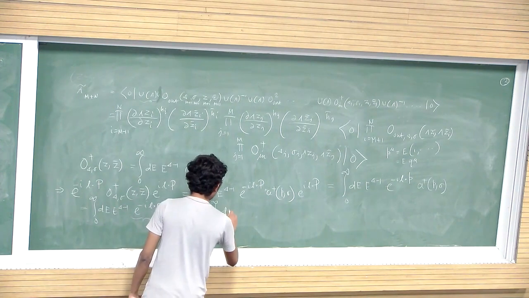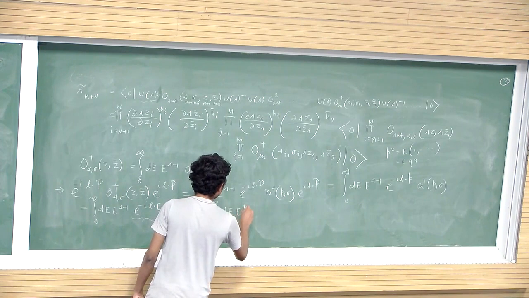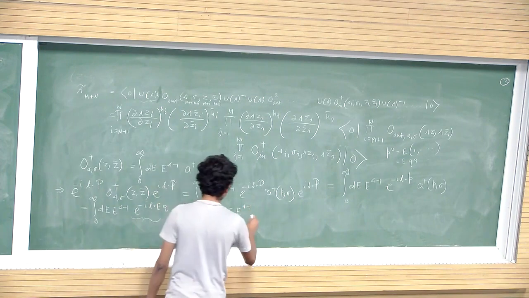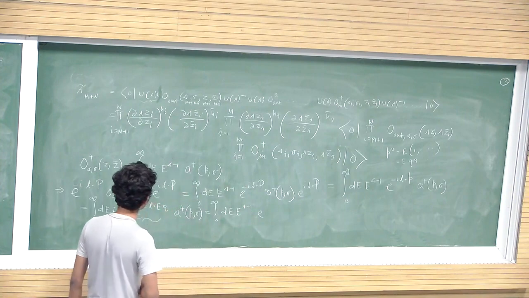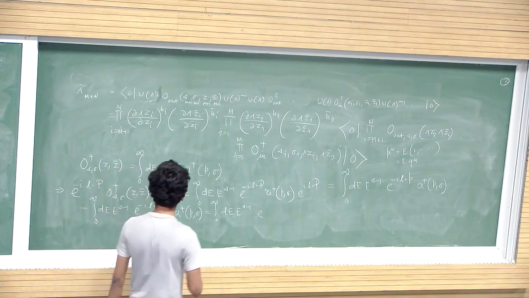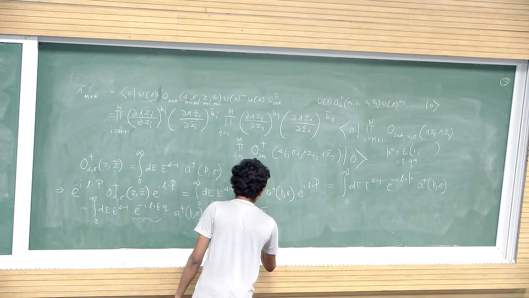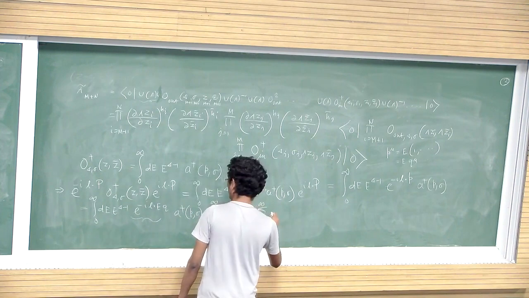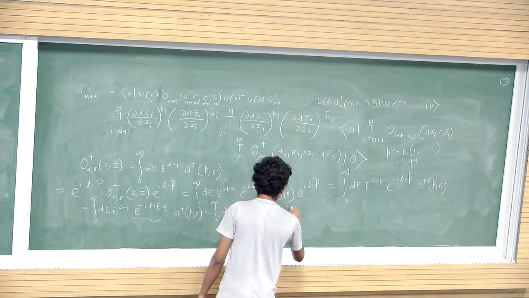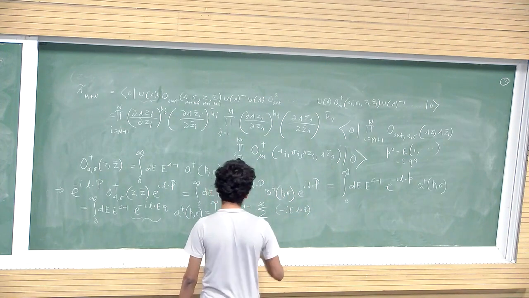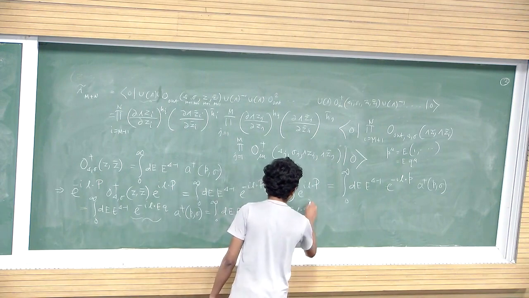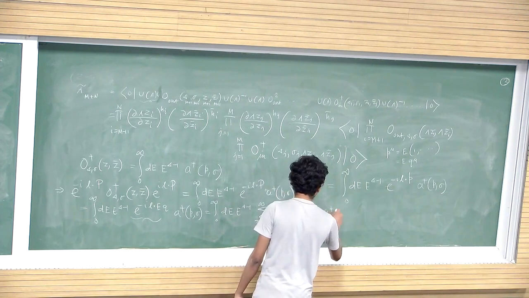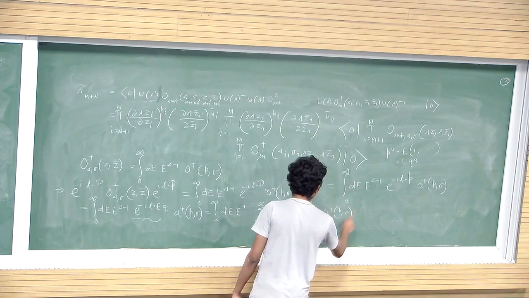So dE e to the delta minus 1, this is like a sum over n equals 0 to infinity of minus I L dot q to the n, divided by factorial n.